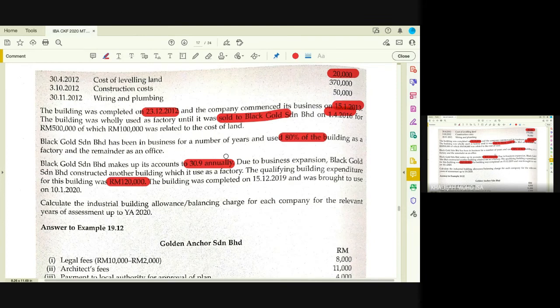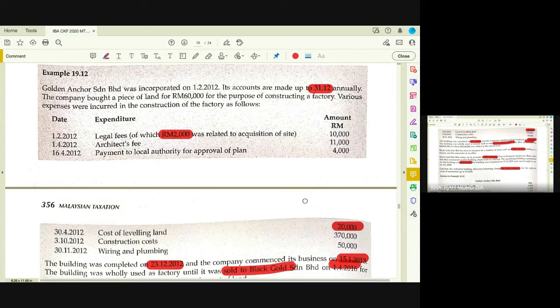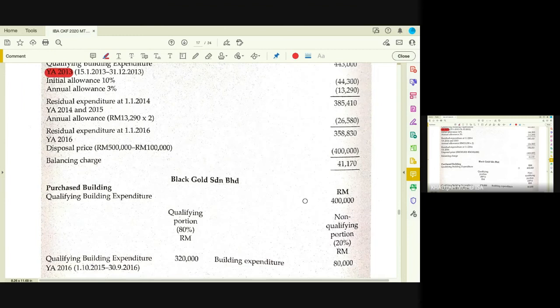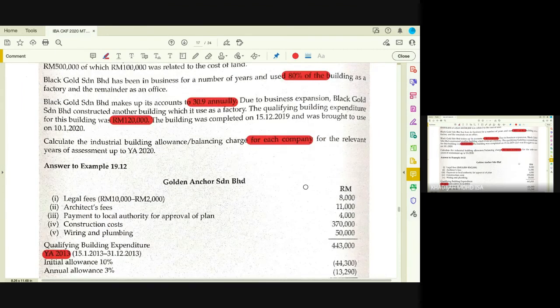For each company means that you have two companies here. One is Golden Anchor, the other one is Black Gold, and then you have to compute tax for the relevant years of assessment up to 2020.